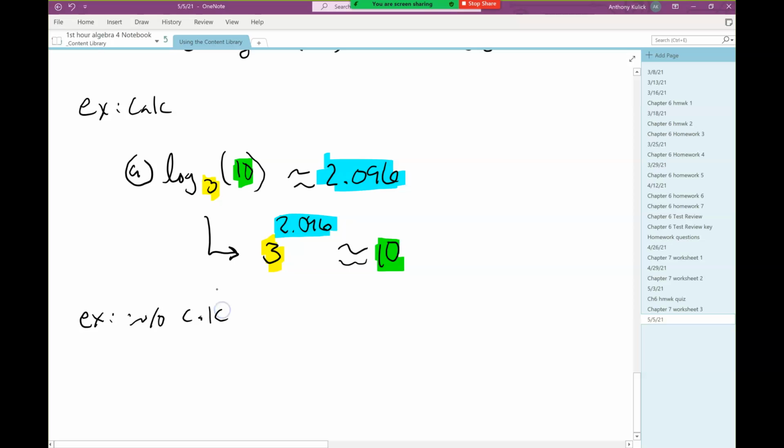Now, some logarithms I could expect you to be able to evaluate without having to use your calculator. Say, for example, I wanted to find log base 2 of 8.